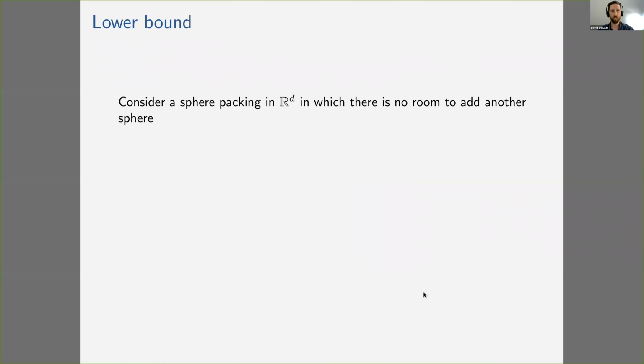So what do we know about constructions in high dimensions? What is the lower bound on the optimal density in high dimensions? There is the following trick. Say we have a sphere packing in d-dimensional space in which you cannot add another sphere.